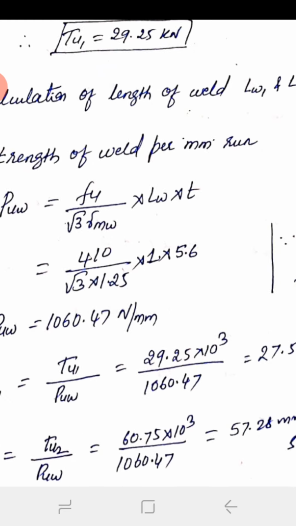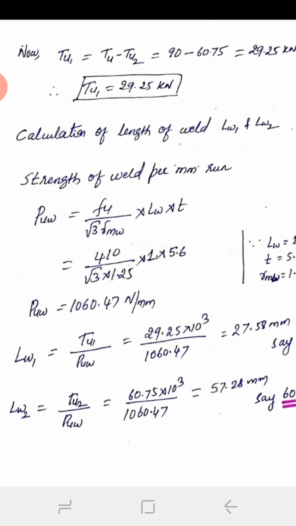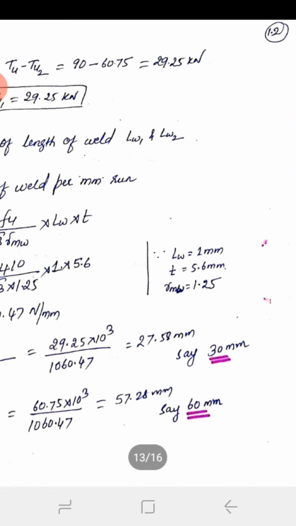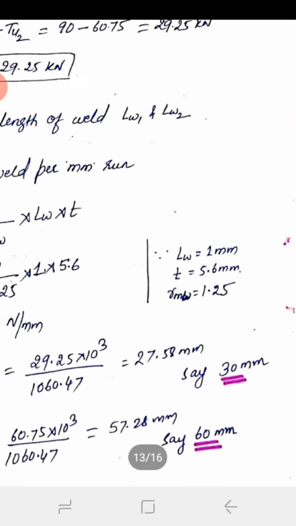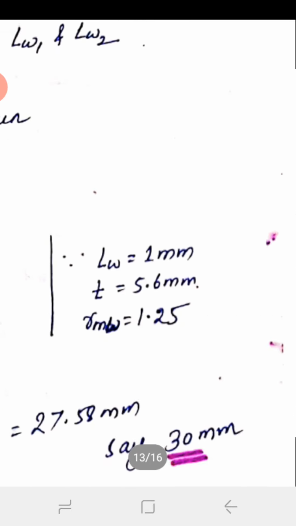To calculate unit strength of weld, that is the formula we are having, Fu divided by root 3 gamma mw into LW into T. Then here LW can be taken as 1 millimeter run. Here I mentioned LW is 1 millimeter.